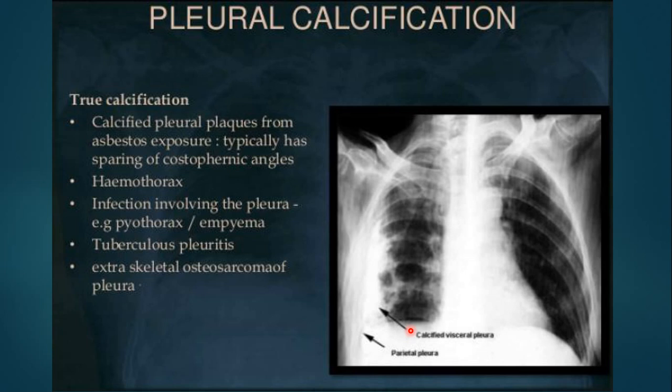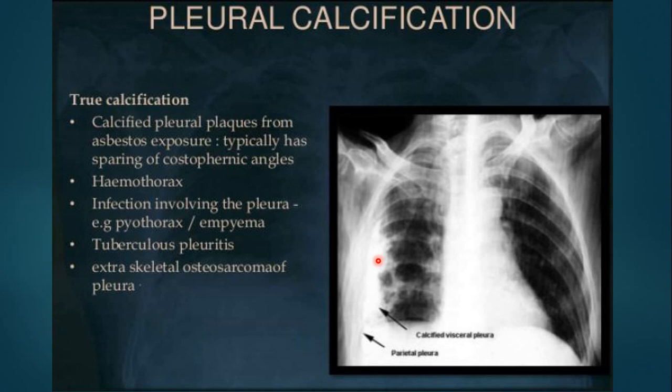Other causes of true pleural calcifications include old hemothorax, where the hematoma will heal by calcification. Also infections involving the pleura, which will cause pyothorax or empyema. There will be pus accumulated in the pleural cavity that heals by calcification, causing pleural calcifications. Also tuberculous pleuritis.